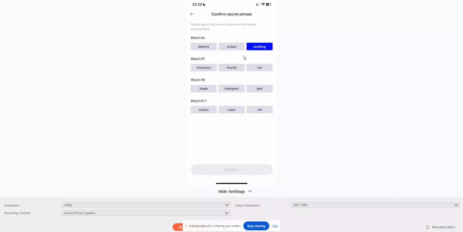Now it's asking me what was the seventh word, and my seventh word was thumb. Then it's asking me for the eighth word, and my eighth word is blade. It's asking this just to confirm that I've written this down. And then the 11th word is super. So I click on super and then I click on continue.